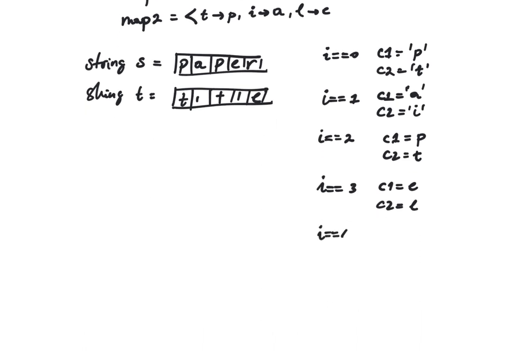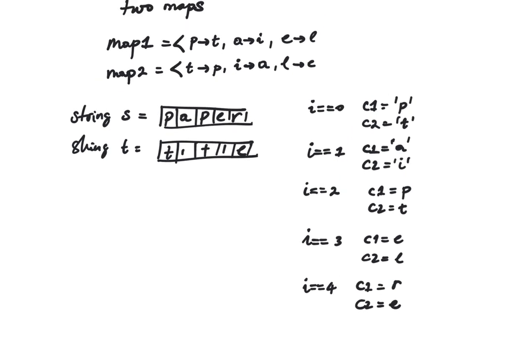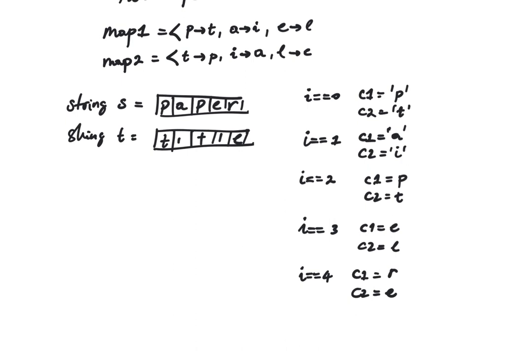I is equal to 4. C1 is equal to R, and C2 is equal to E. Does map 1 contain C1?